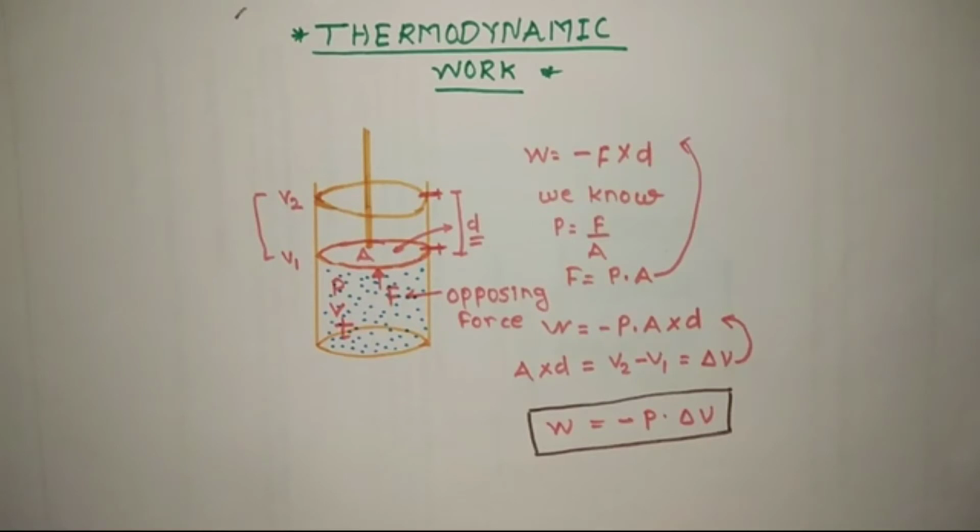Now we know that work and heat are point functions, meaning we can calculate the value of work and heat at some interval of time, and again after some interval of time. But to calculate the work from one state to the final state, how can we get the work? So let's deduce the expression for the maximum work.